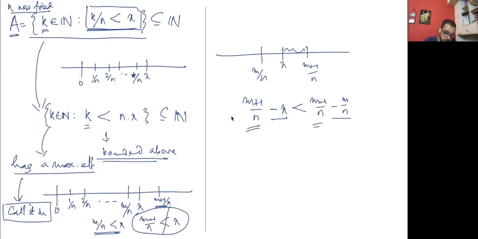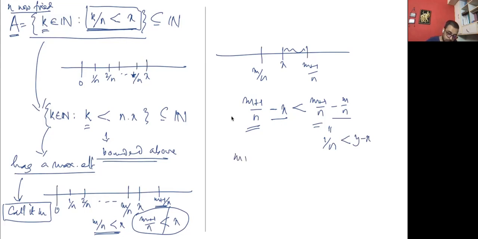But this is 1 over n, and 1 over n we know is less than, the way we have chosen our n, y minus x.